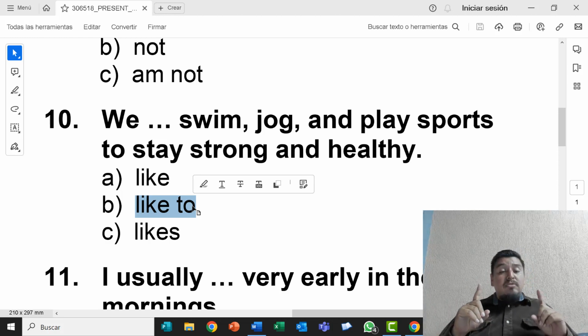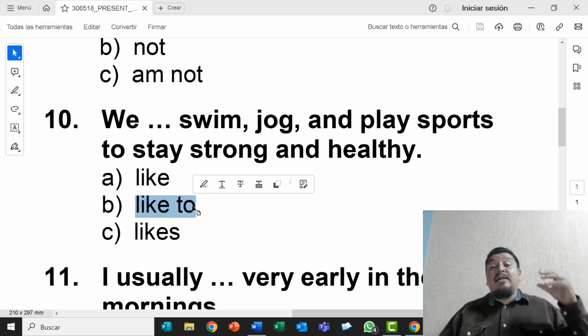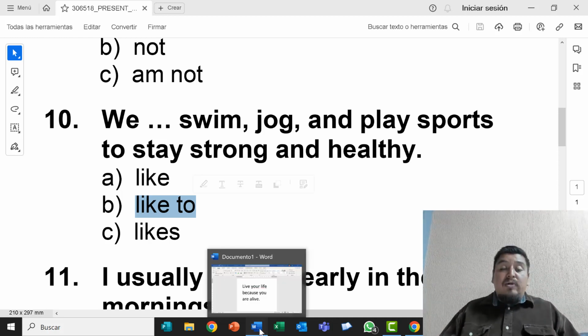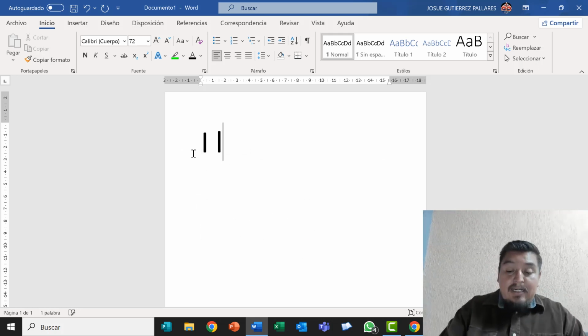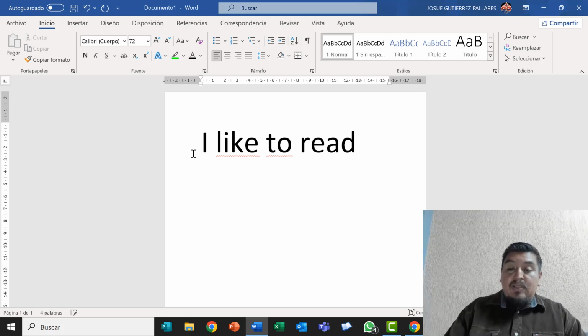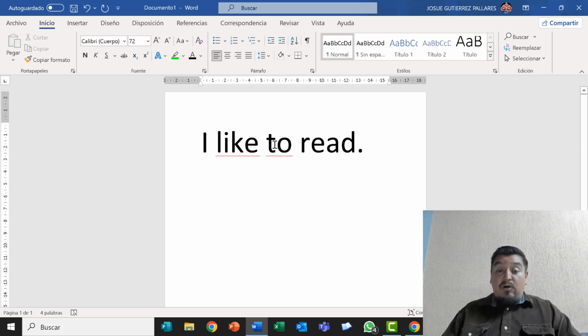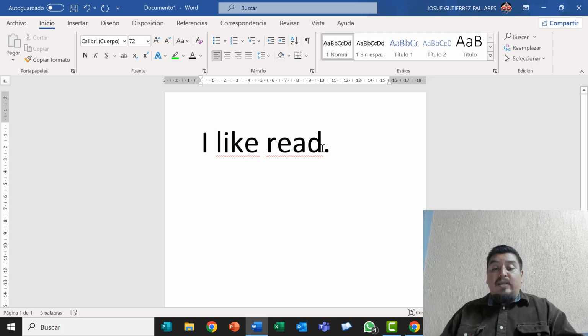Pero no puedes tener dos verbos sin que estos se mezclen a través ya sea de un infinitivo o de un gerundio. It's impossible to connect two verbs like I like to read. Me gusta leer. Okay? So maybe you use the infinitive form to read, or maybe you decide to use reading.